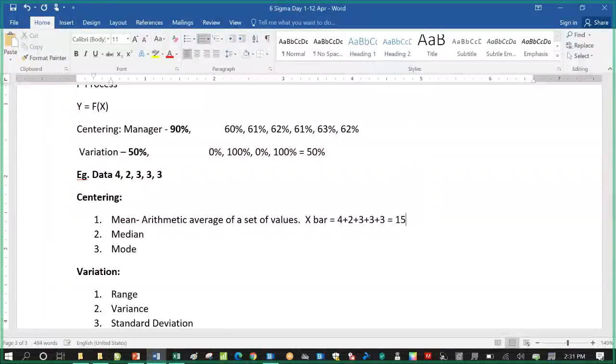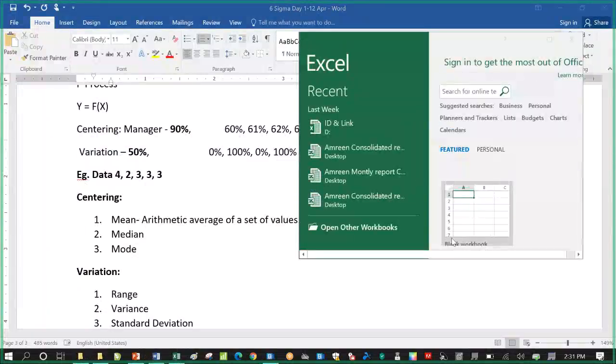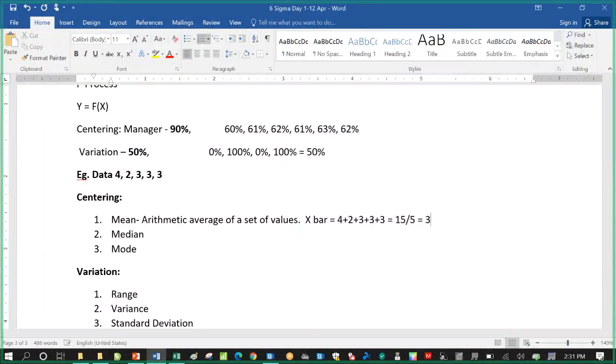The total is 15, divided by 5 data points. So it is the average, 15 divided by 5, which is 3. So 3 is the answer.